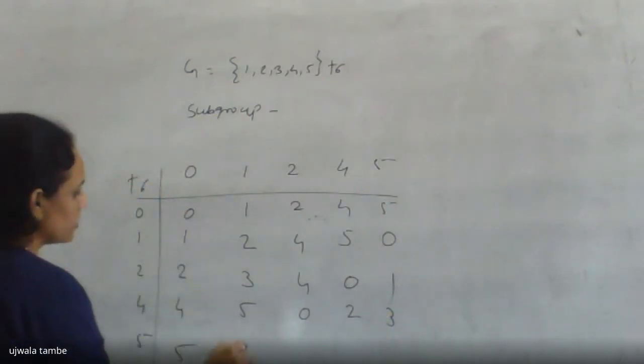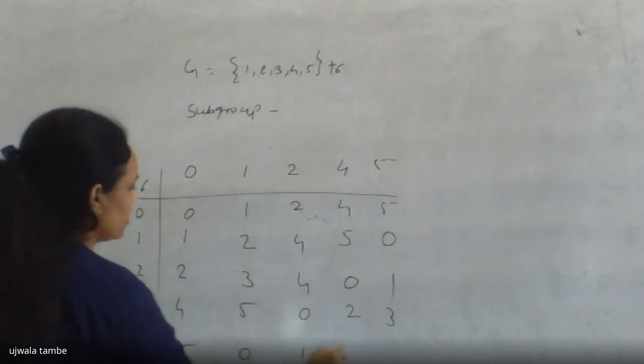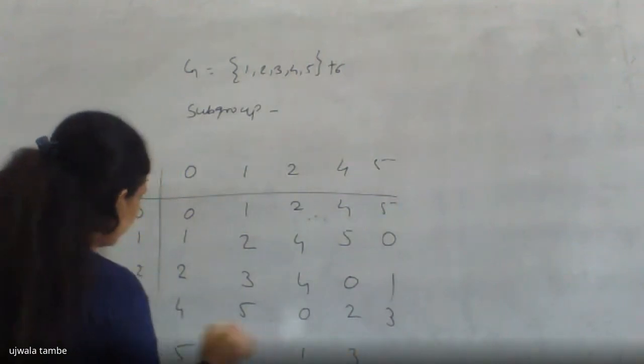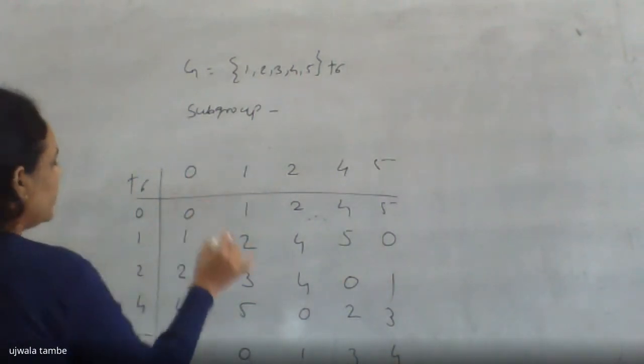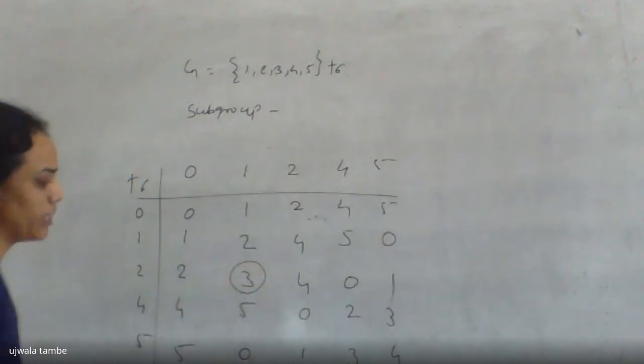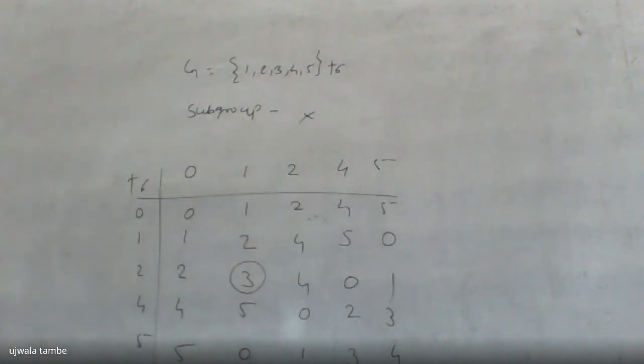Then 5 plus 1 is 6, so remainder is 0, 5 plus 2 is 7, remainder is 1, 9 has remainder 3, and 10 has remainder 2. Again, what happened here? In this set, the element 3 is not present, that's why this is not a subgroup, because it does not satisfy the closure property.